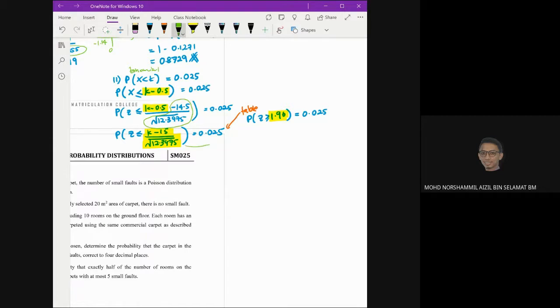So these two compare. Therefore, we obtain K minus 15 over square root of 12.3975 equals to 1.96. So then let's simplify. So what do we get? K dapat apa? Let's calculate. Cuba 2 orang. Jom 3.